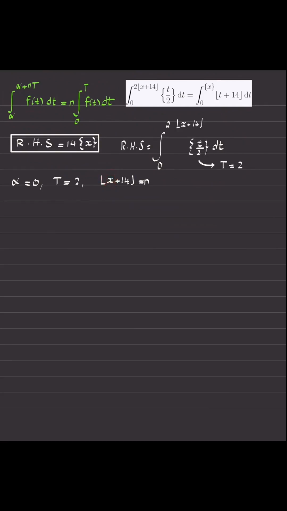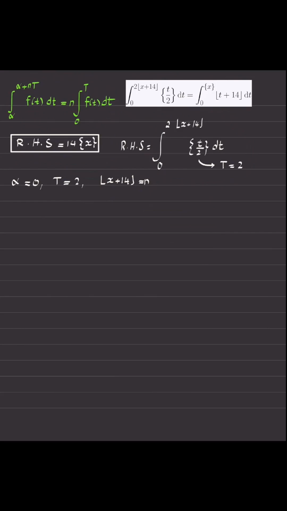I don't know what x is, but I know the floor of this is an integer, either positive or negative, so I can immediately call it n, because in this problem n can be a positive or a negative integer, or even 0.